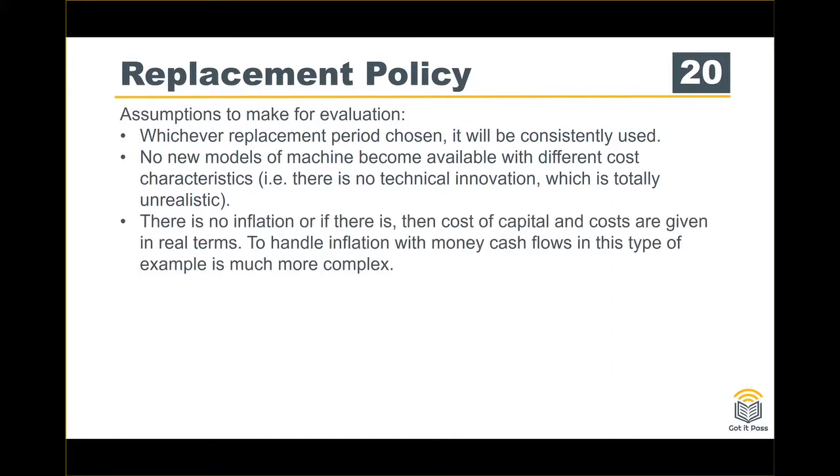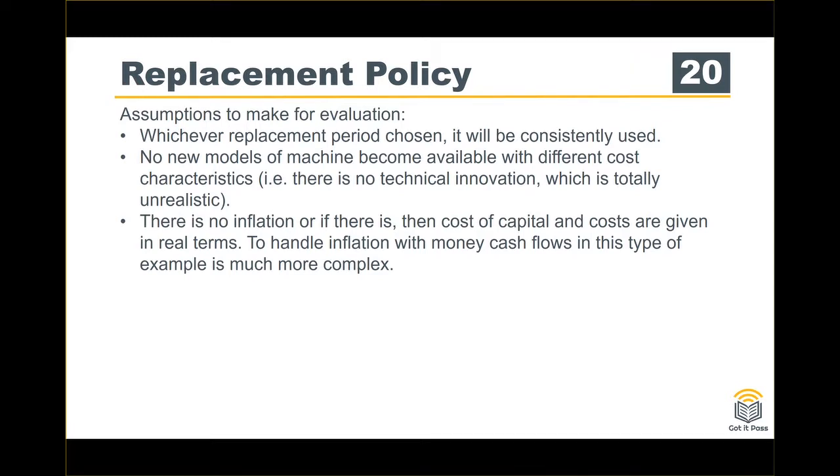We don't assume any inflation here. The cost of capital and costs are given in real terms. So here we assume all are in real terms. To handle inflation with money cash flow in this type of example is much more complex. So no inflation should be in the replacement policy consideration.